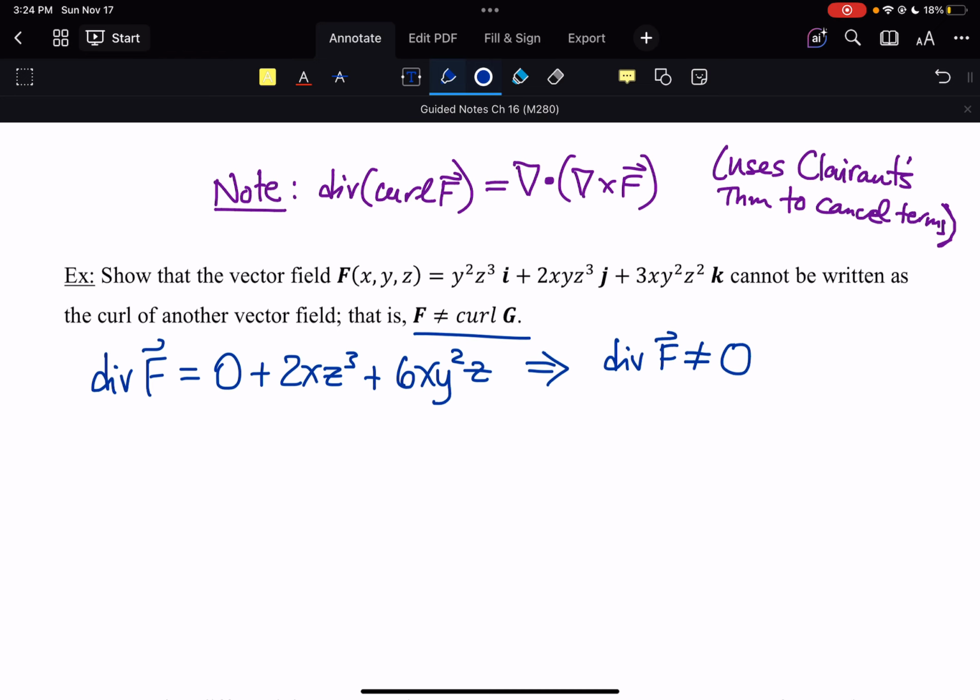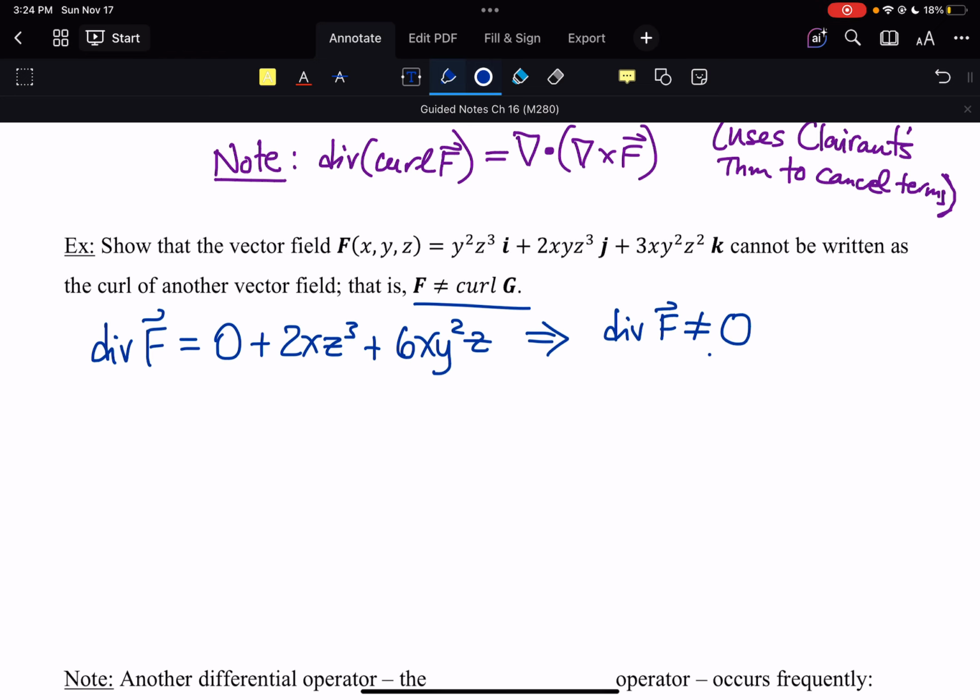So we know immediately that the divergence of this vector field is not 0, right? And again, that's not to say that you couldn't plug in numbers to make it 0, but it has to always be 0.